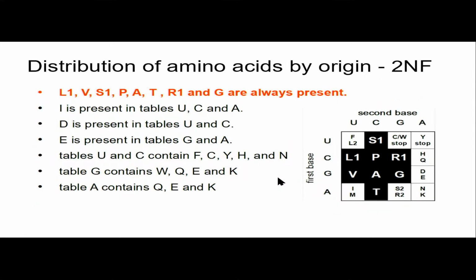And when I put all four tables together in one, we see that we have some boxes with duplicated amino acids, because in the first two tables you have F, and in AG you have L, and so on.